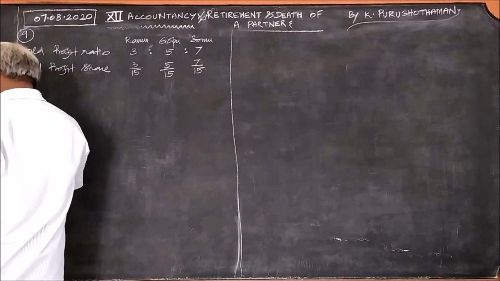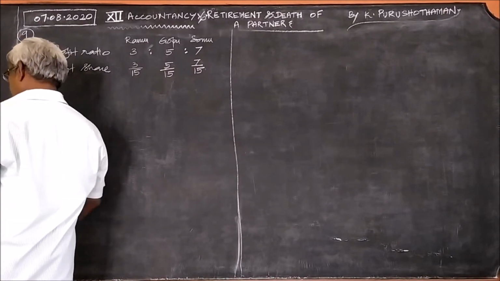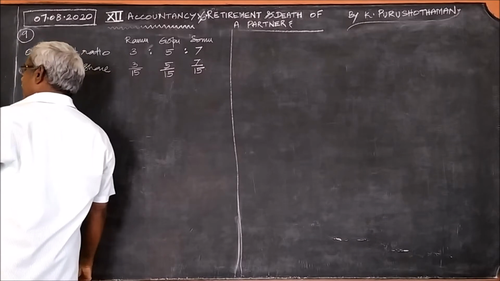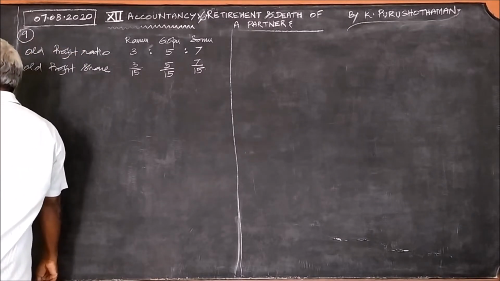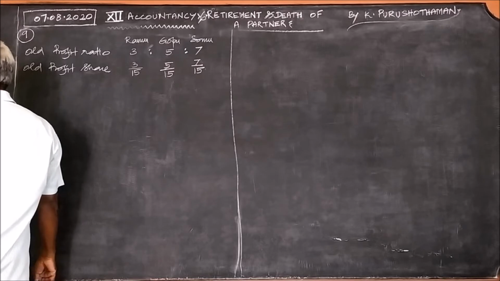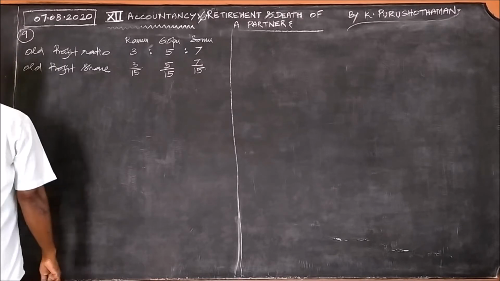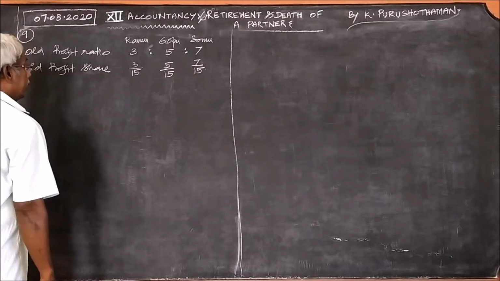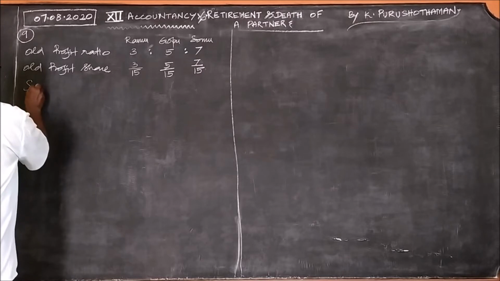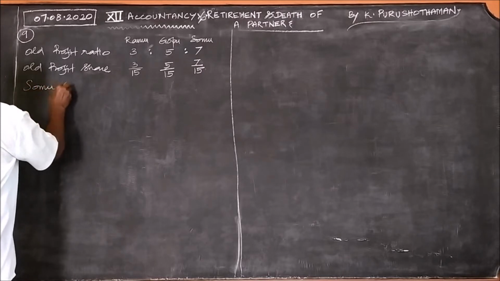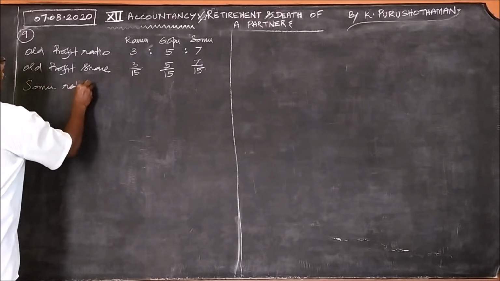Then the new profit share. Gobu retires and the share is purchased by Ramu and Somu in the ratio 3:1. That is the gaining ratio, 3:1. Somu retires.